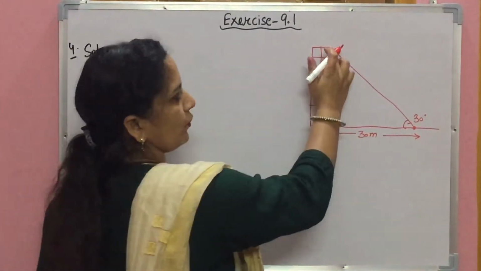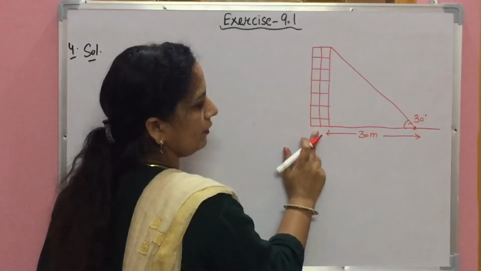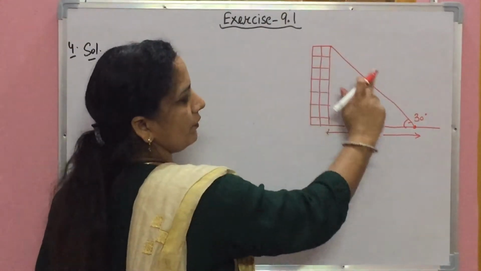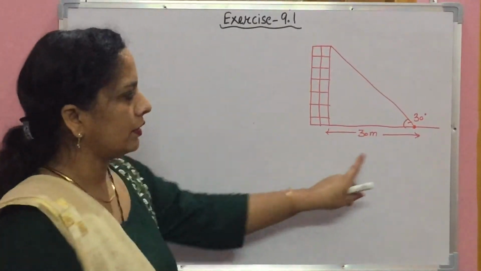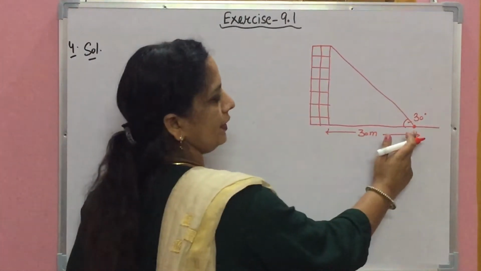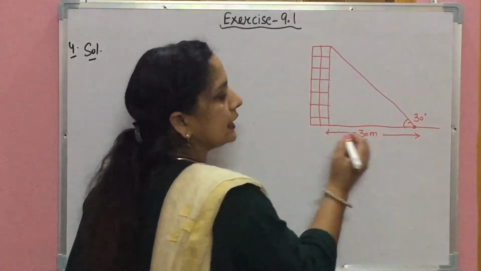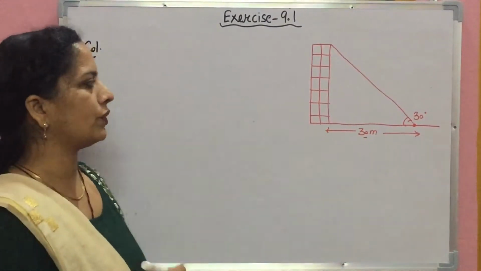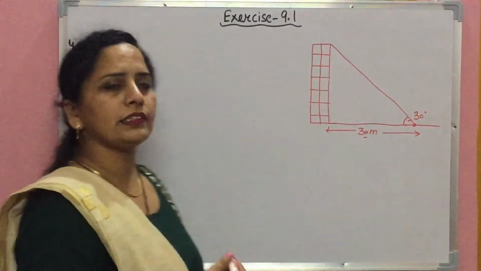So this is the top of the tower and this is the foot of the tower. From the top of the tower with this point angle is 30 degree, and the same point is at a distance of 30 meter from the foot of the tower. So this is our right angle triangle.